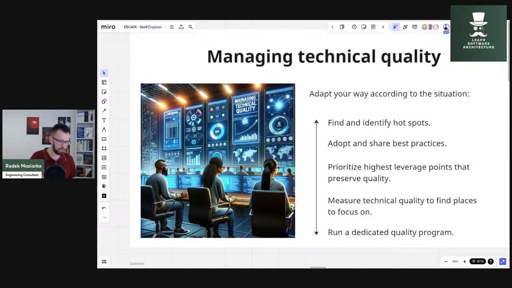For example, improve the CI/CD pipeline, or improve security in our company. A very important thing is that you can choose from the spectrum, because it's not that you should always run a dedicated quality program, or always identify hotspots. You can choose the best solution in a specific moment.